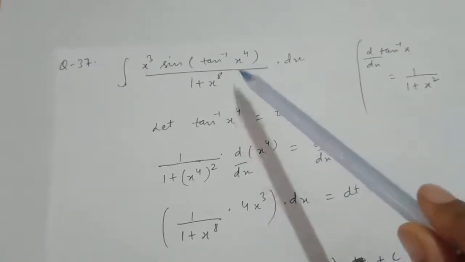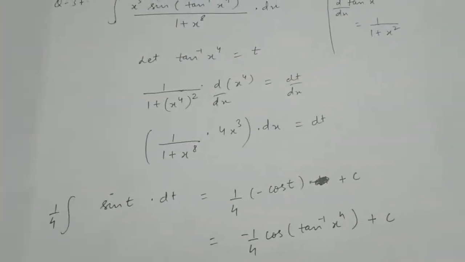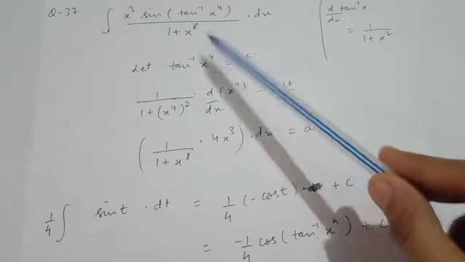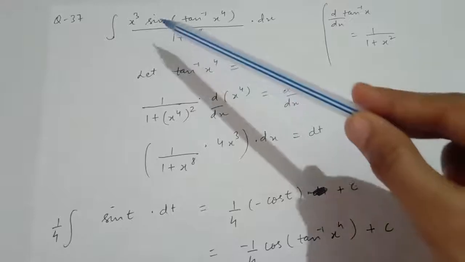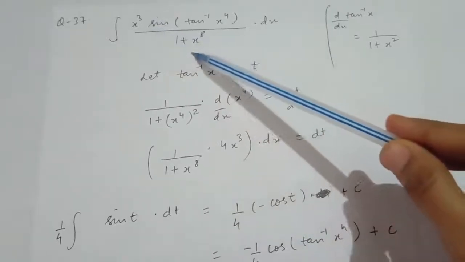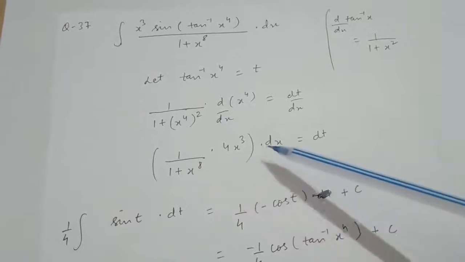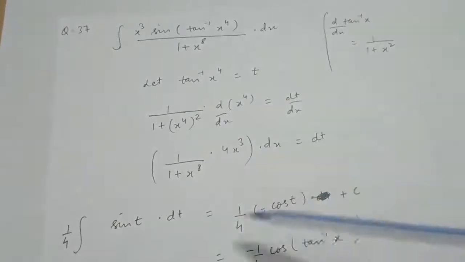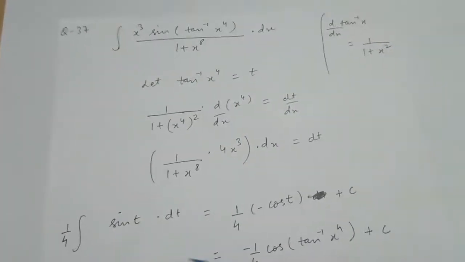Now see, this integral becomes so simple. Now what you will get: in place of sin(tan inverse x^4), you will get sin t, right? And in place of x^3 upon 1 plus x^8 into dx, this 4 is extra, so take it on this side, so you will get dt upon 4, right?